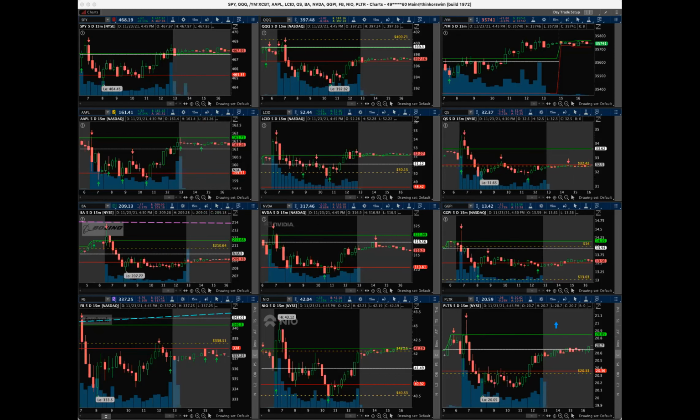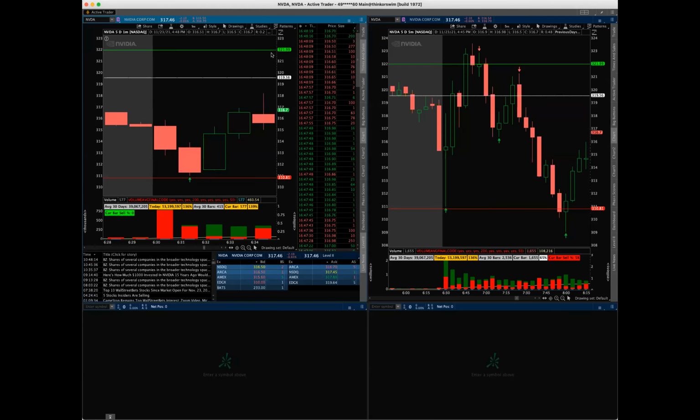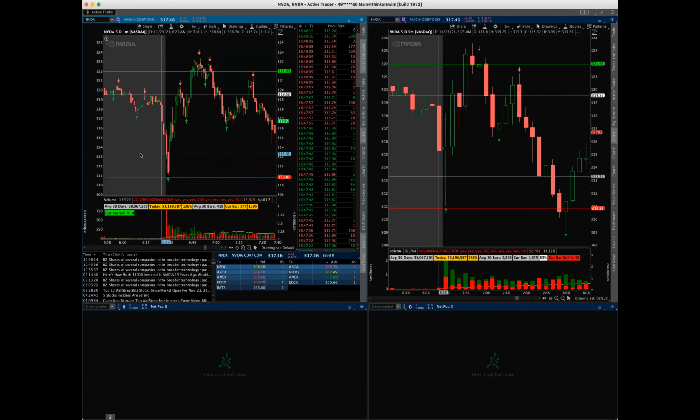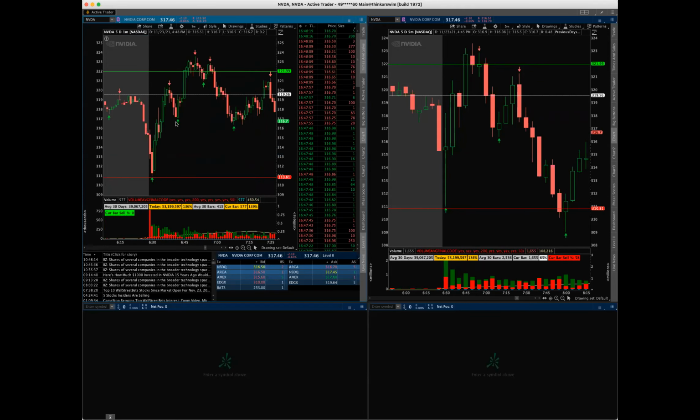Oh, it's because I'm not... Sorry. Okay, there you go. But yeah, Nvidia is a perfect example. The previous day's close, which is my white line. Technically opened here, bounced here. You could have scalped this because it went red to green. I guess in a way. And then just get in and out.